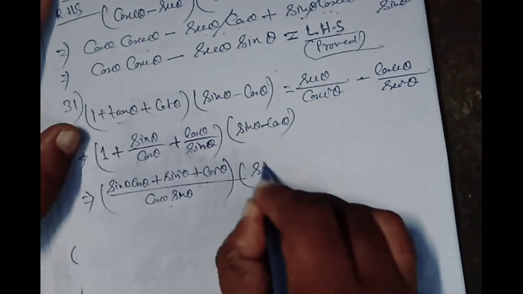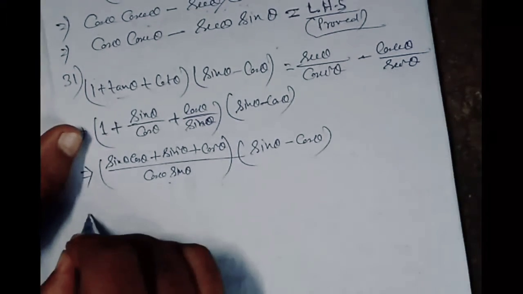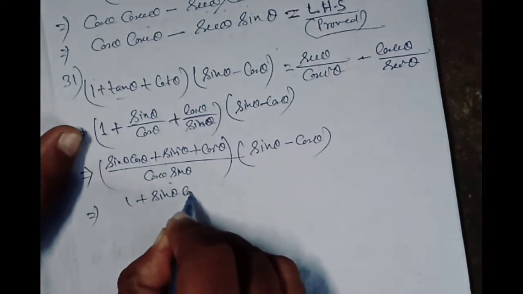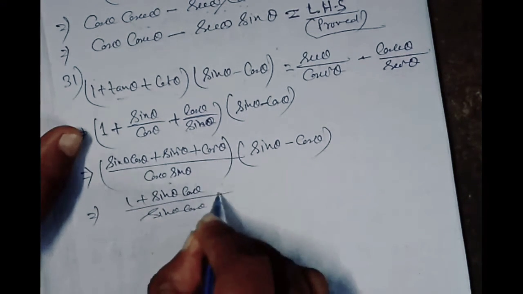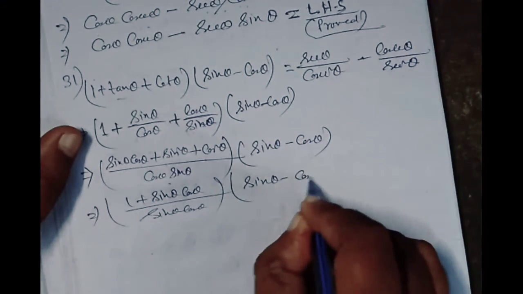This is sin theta minus cos theta. So this is 1 plus sin theta cos theta by sin theta cos theta, this is sin theta minus cos theta.